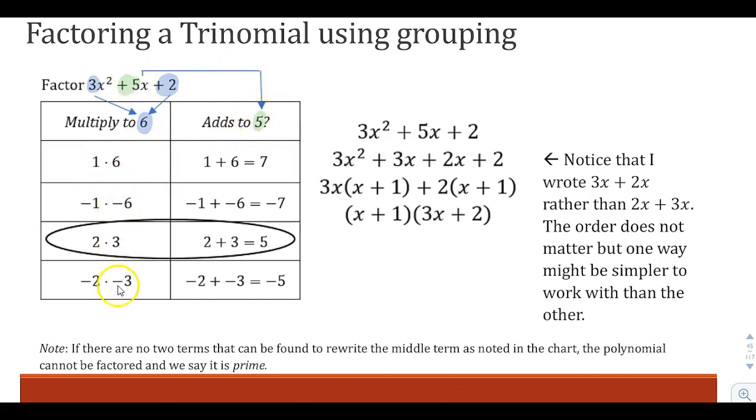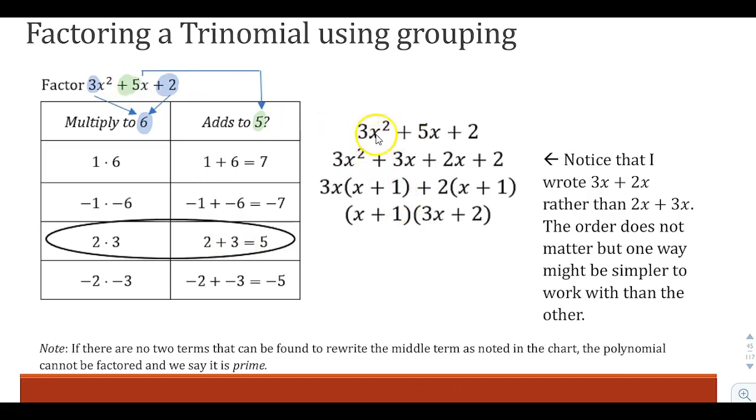So here's creating that table of all the possibilities, all of the products that multiply to get us 6, and then checking whether or not those add to give us 5. And the one that works is 2 and 3. 2 times 3 gets us 6, and 2 plus 3 gets us 5. So what we do from there is we use those numbers 2 and 3 to rewrite the middle term.